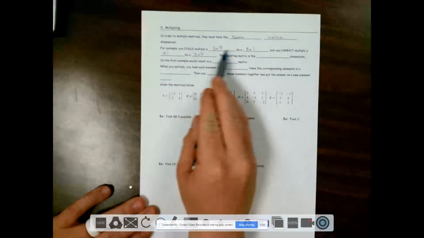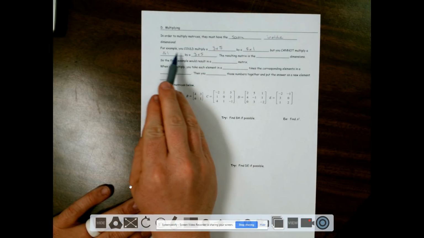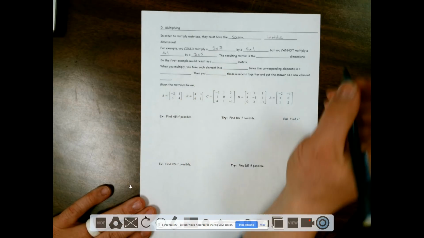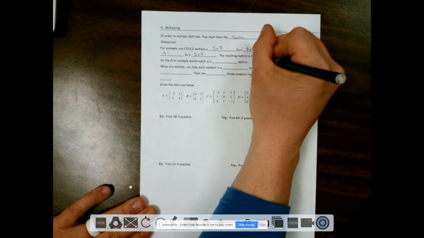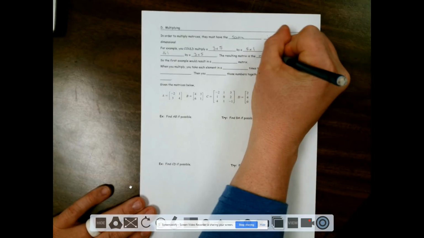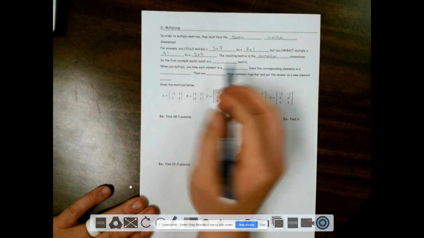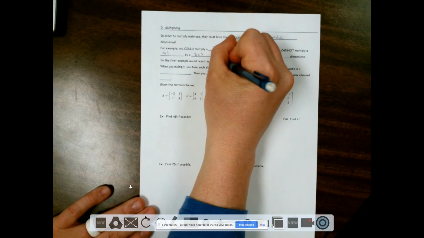They're both 5s, whereas here one's a 1, the other one's a 3, that don't match. So if we were to multiply a 3 by 5 times a 5 by 1, the resulting matrix is the outside dimensions. So the first example would result in a 3 by 1 matrix.